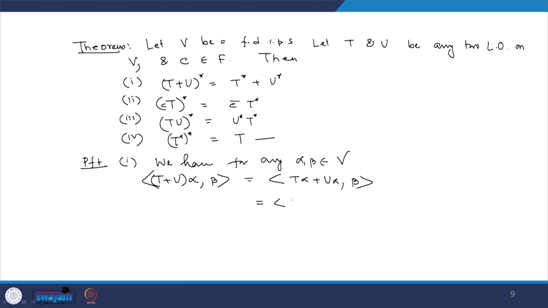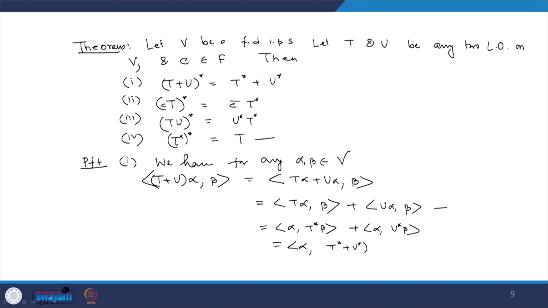So, this is equal to the inner product of T alpha, beta plus the inner product of U alpha, beta.